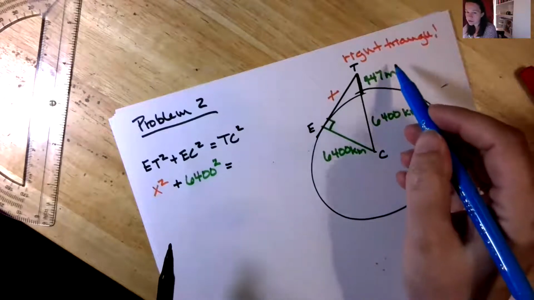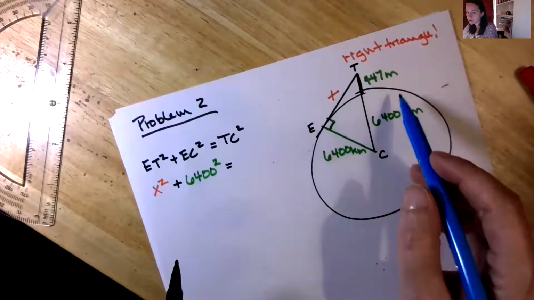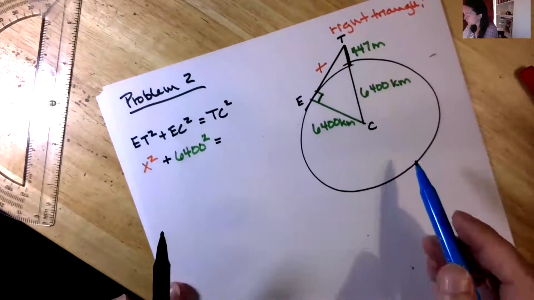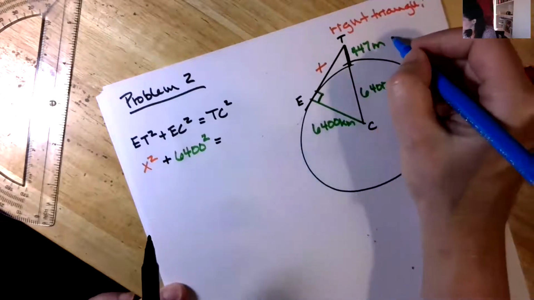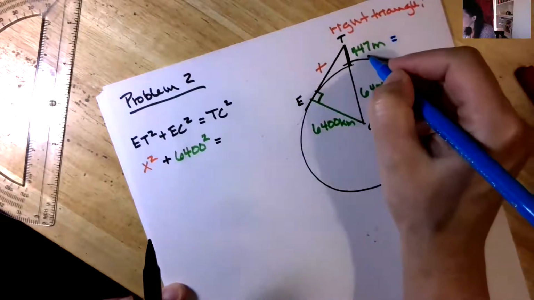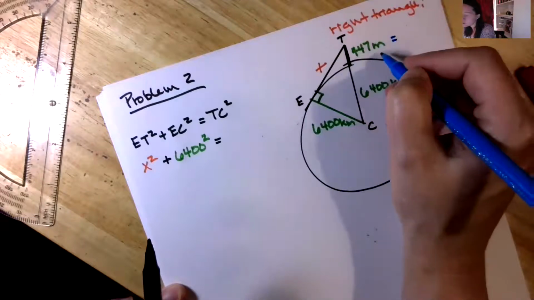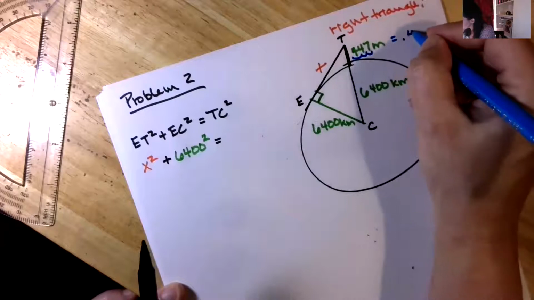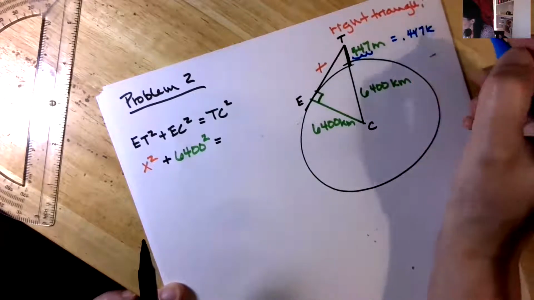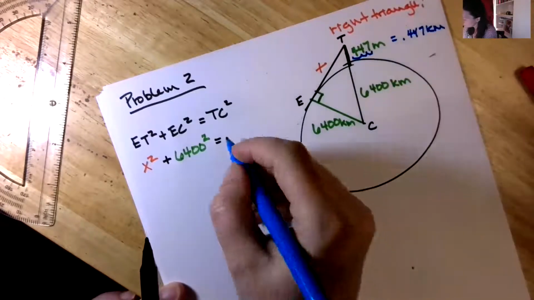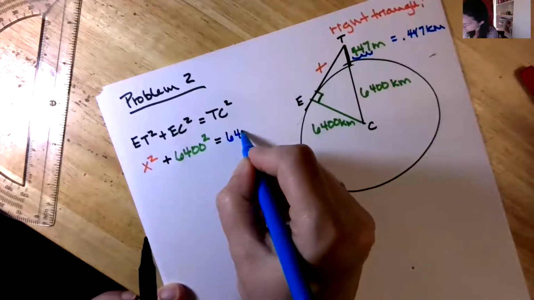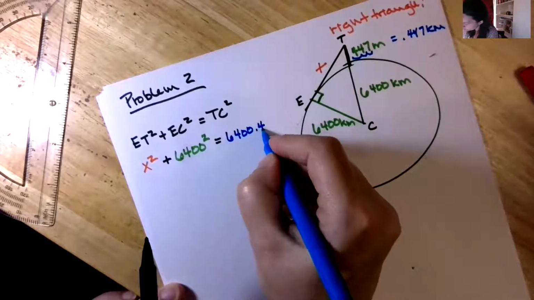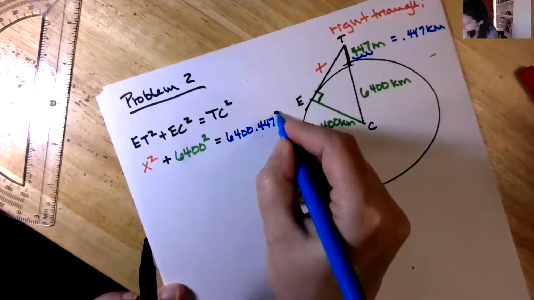This is in kilometers and this is in meters, so I need to do a conversion. I need to convert this to kilometers. So if I have meters and I want kilometers, I move 3 decimal points to the left. 1, 2, 3. So it's 0.447 kilometers. So this is going to be equal to 6,400.447 kilometers.